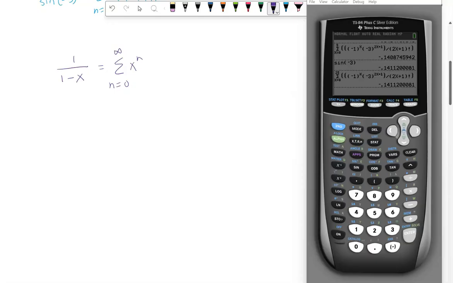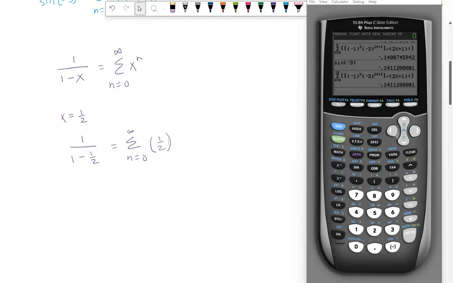So let's suppose that we want to know what we would get if x is equal to 1/2. On the left, this would be 1 minus 1/2. And for our series, I'm just going to plug in a 1/2 for my x.